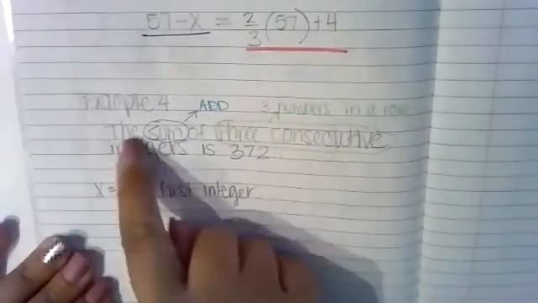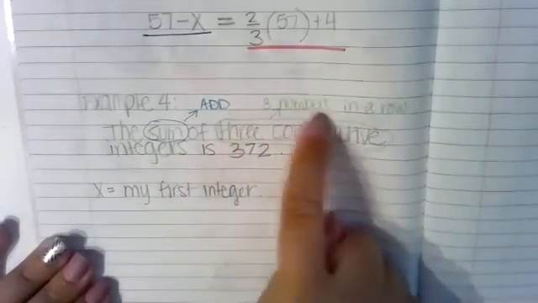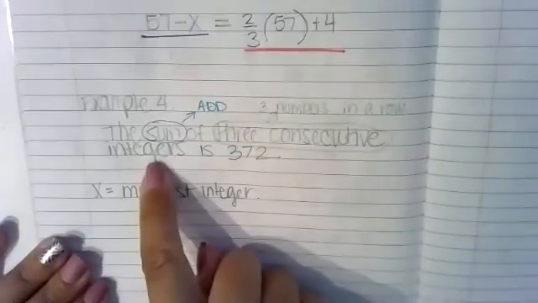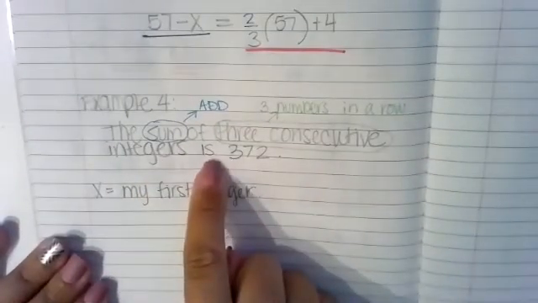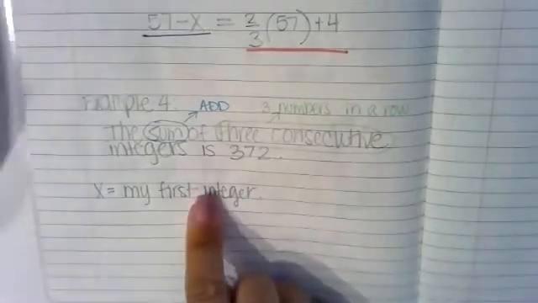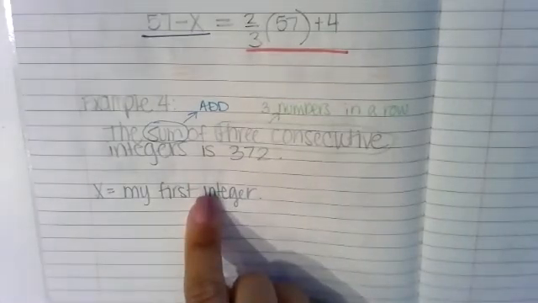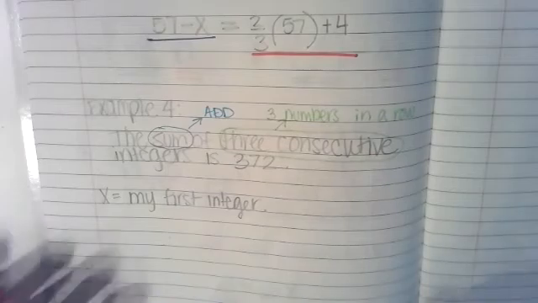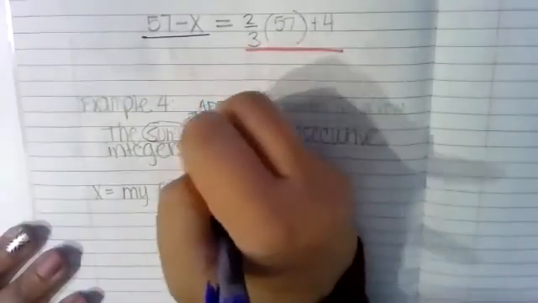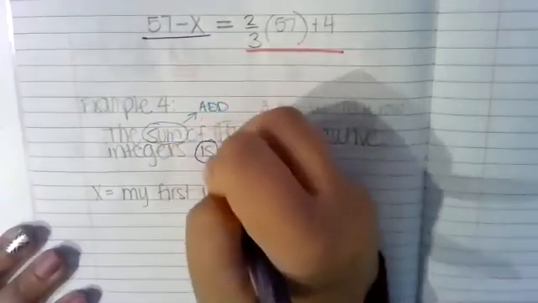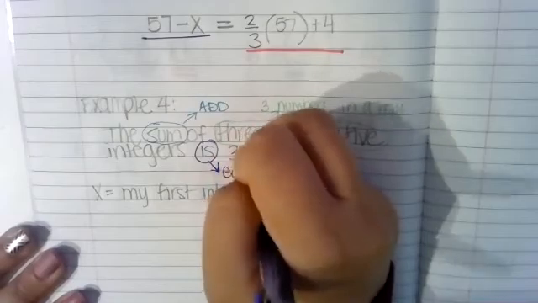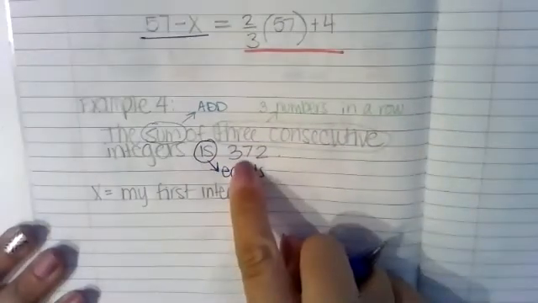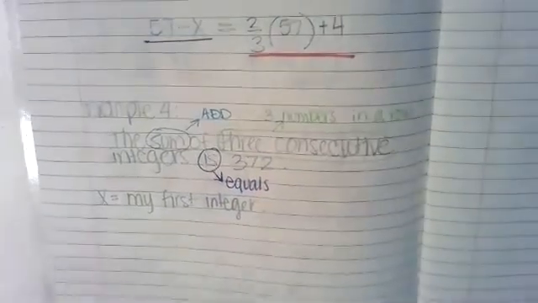So the sum, I'm going to need to add 3 numbers in a row that are integers, and what does the is mean? Is it equal to? Equals. And that's going to equal 372.